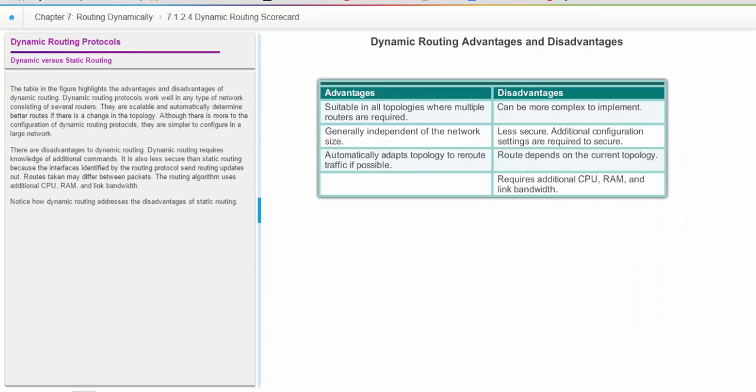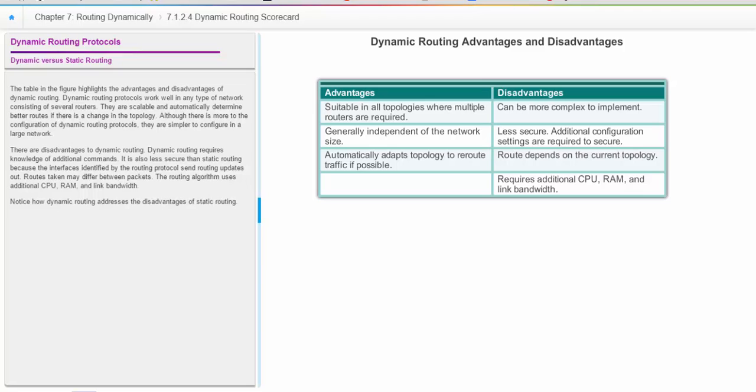We mentioned the advantages and disadvantages of static routing. Now let's look at the advantages and disadvantages of dynamic routing. Some of the advantages are that it's suitable to all topologies where multiple routers are required. It's generally independent of the network size, so it can work in a small, medium, or large network.